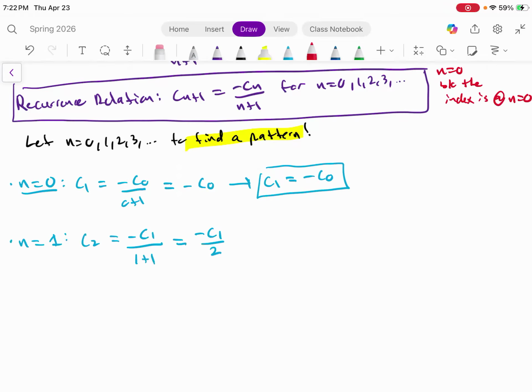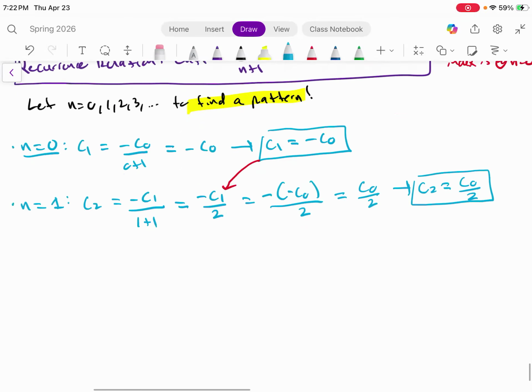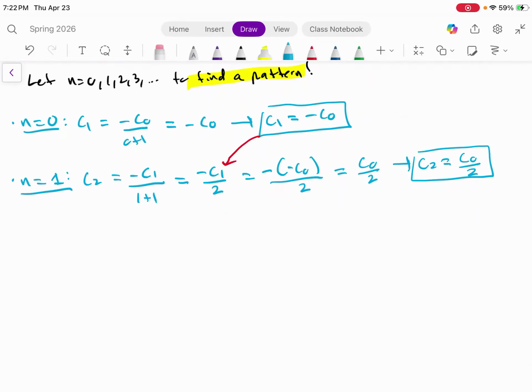Okay, but I actually do know what c1 equals. So I can plug in c1 equals negative c naught. And what I would get is negative c naught all over 2, which equals positive c naught over 2. So c2 equals c naught over 2. Okay, maybe seeing a pattern, maybe not. Let's try a couple more.